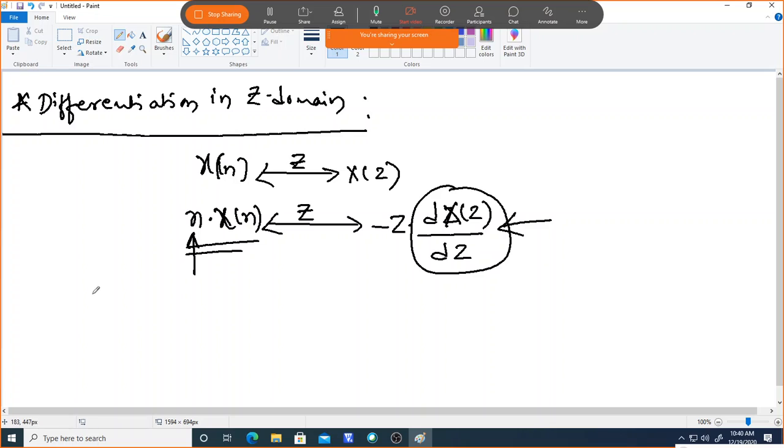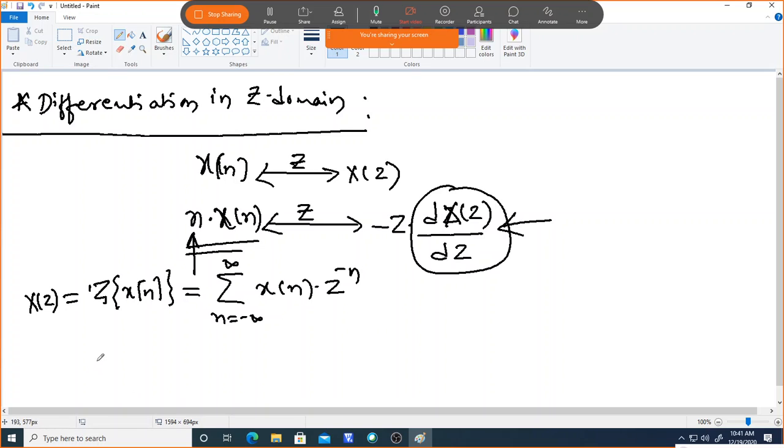So now if we have the Z transform of x of n, that will be X of z, which is nothing but the summation n equal to minus infinity to plus infinity x of n into z power minus n. So now we know X of z, so differentiate both sides. You will get dX of z divided by dz.